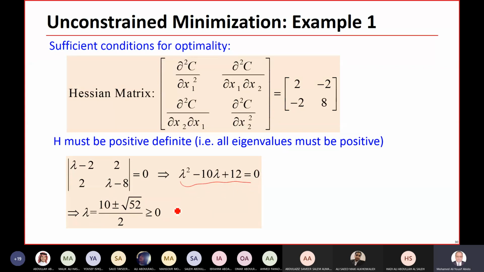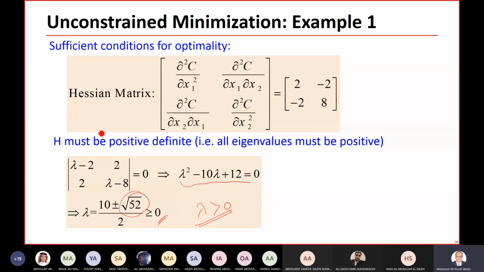If you solve this equation for lambda, you will end up with lambda equal to minus b plus or minus the square root of b square minus 4ac over 2a, second order equation, and this is simply the solution. So the square root of 52 is definitely less than 10. So 10 plus 7, 10 minus 7, in all cases, lambda greater than 0.